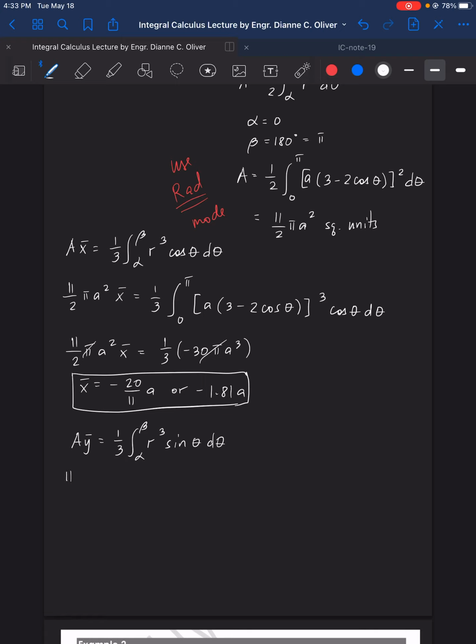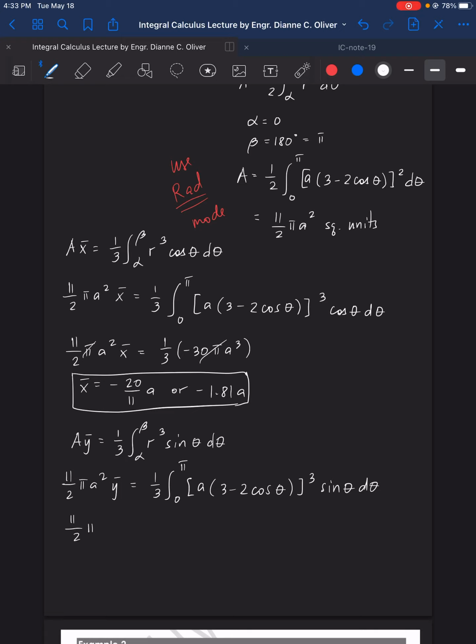Then with the area 11 over 2 pi a squared, y bar is equal to 1/3 of a(3 minus 2 cosine theta) raised to 3 times sine theta d theta, 0 to pi.